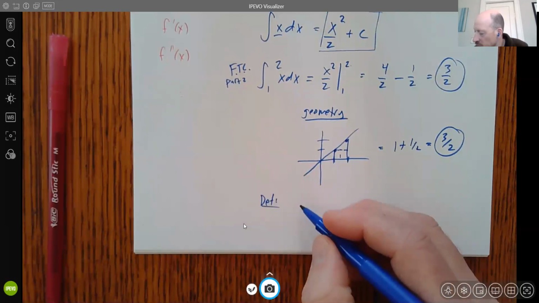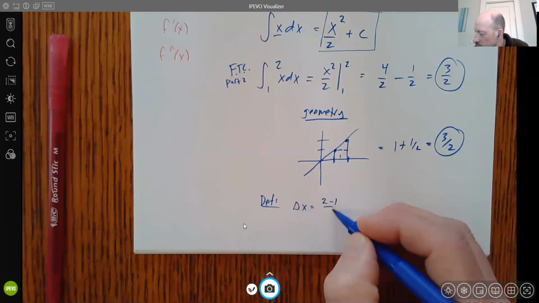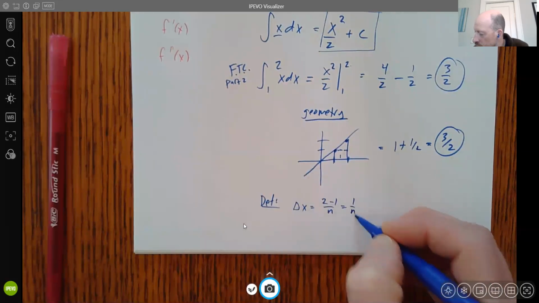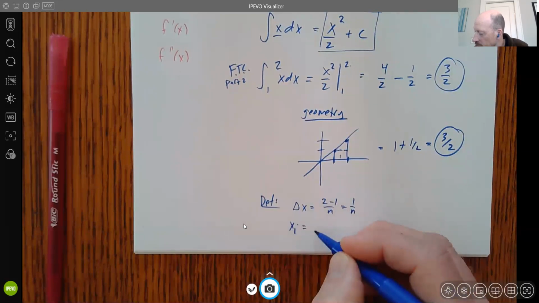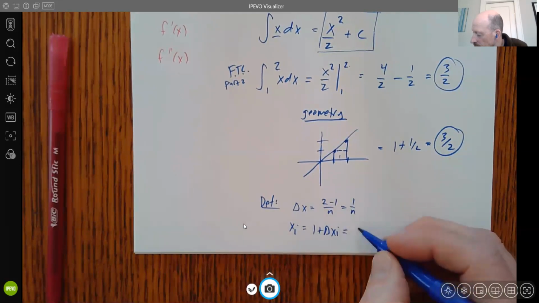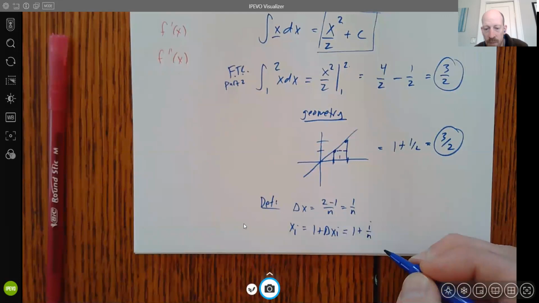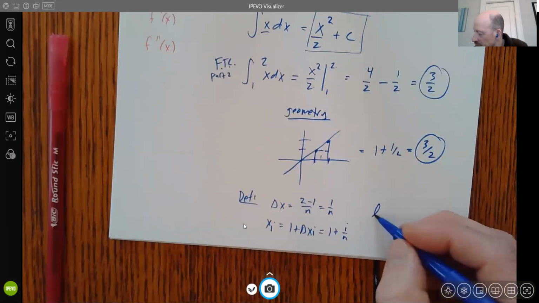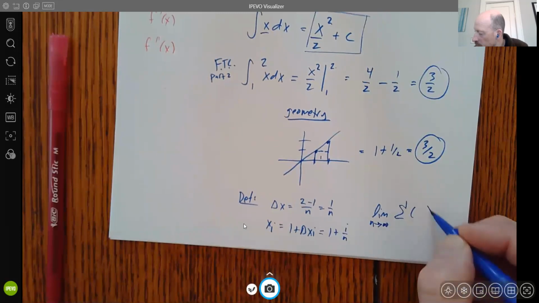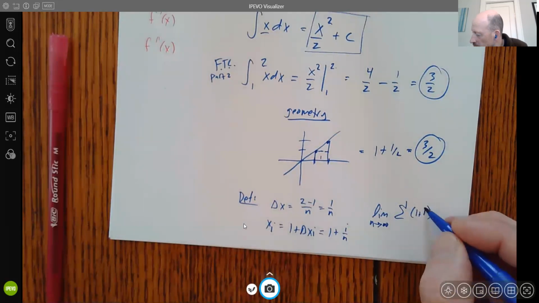And the definition is where we figure out delta x and x sub i, and then we use this limit of the sum of my function, which is just this, 1 plus i over n, times 1 over n.